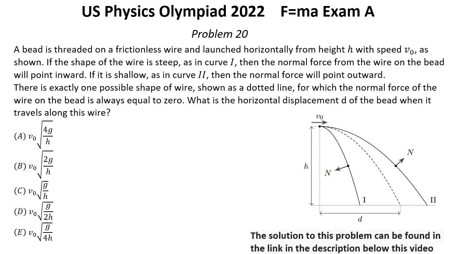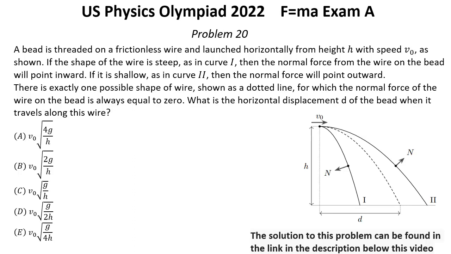If it is shallow, as in curve 2, then the normal force will point outward. There is exactly one possible shape of wire, shown as a dotted line, for which the normal force of the wire on the bead is always equal to 0. What is the horizontal displacement d of the bead when it travels along this wire?